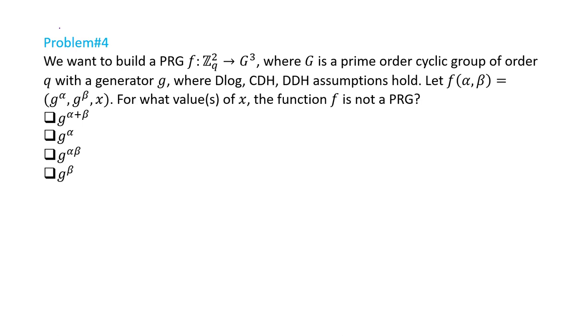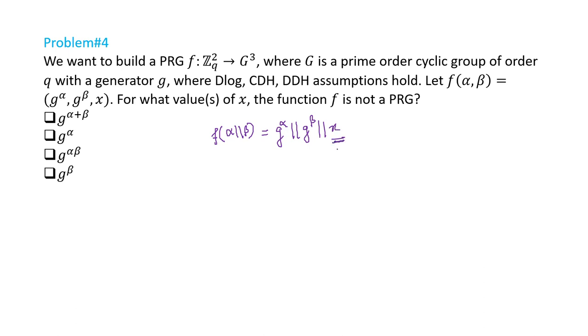Now you are defining a PRG where the seed is alpha and beta both, so you may consider it as alpha concatenated with beta, and the output is g to the power alpha, then g to the power beta, and then x.